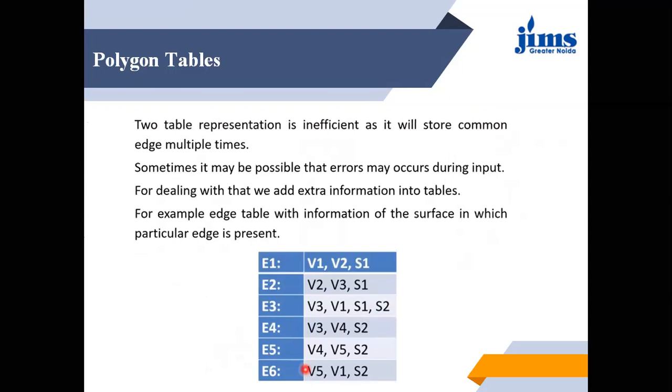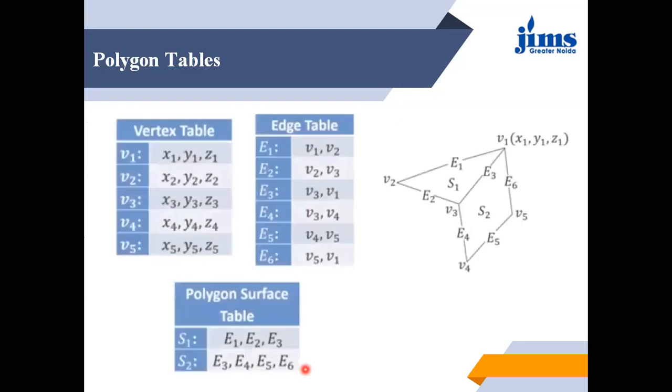So there is another way if we want to store the edges. Over here, edge E1 is represented by V1 and V2. Here I wrote E2 by V2 and V3.